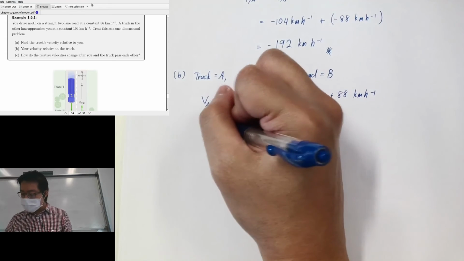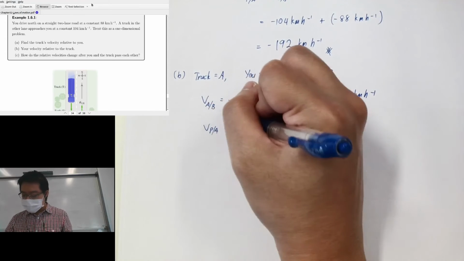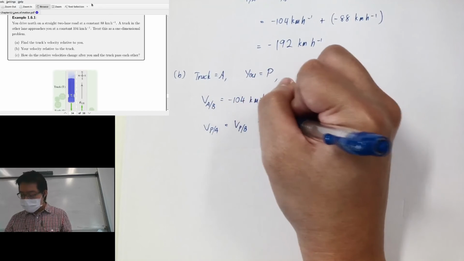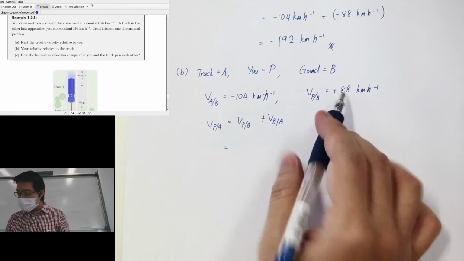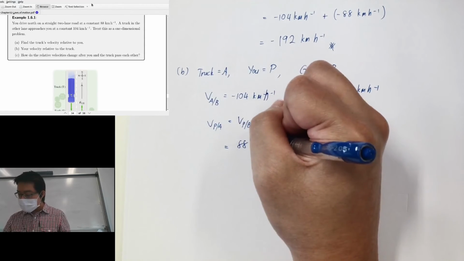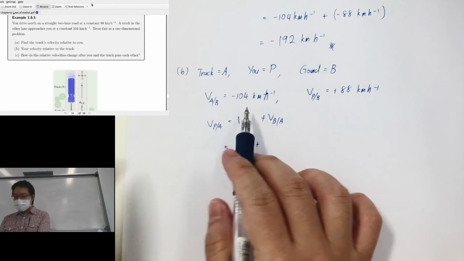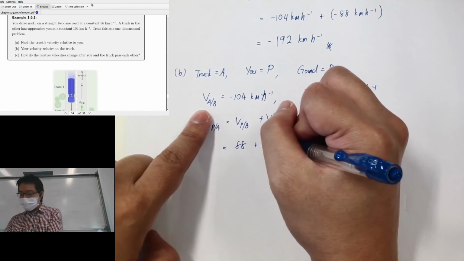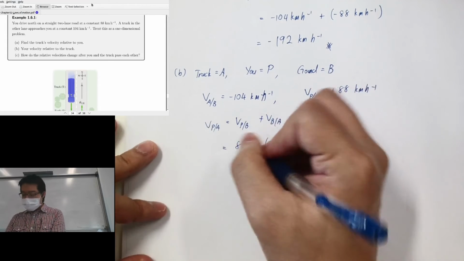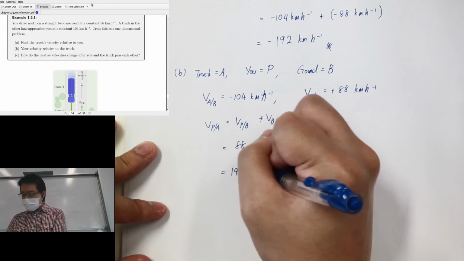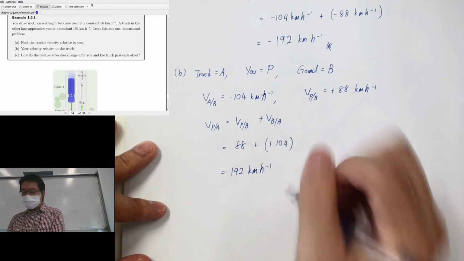Using the formula again, VPA is equal to VPB plus VBA. VPB was 88, and VBA, since AB is minus 104, I flip the sign, so it becomes positive 104, right? So you still get 192 kilometers per hour.